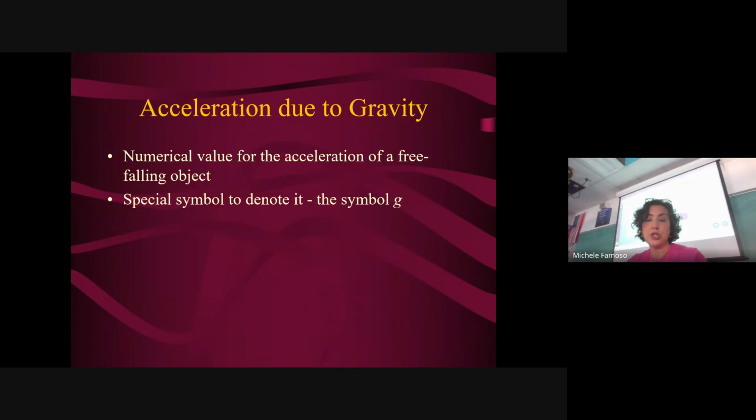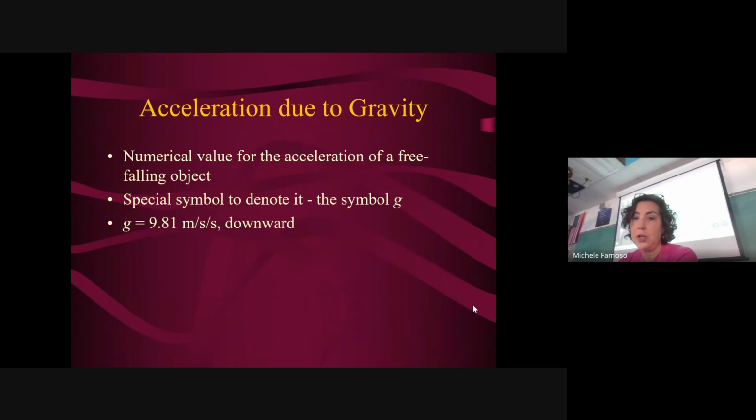Now, what we're going to do is go to page 1 of our reference table, and you'll see the value for it on page 1. The value we're going to use for Earth is 9.81 meters per second squared, and it's directed downward. So let's go back here. Page 1, you'll see it's the second value in the chart. Go ahead, check this off. This is going to be, as we can see, in meters per second squared.